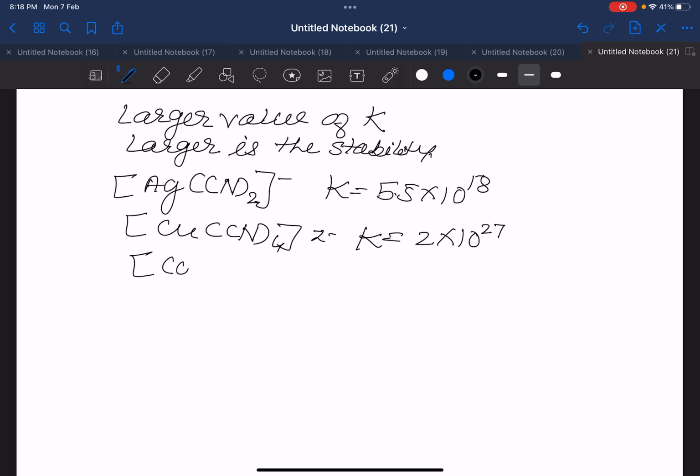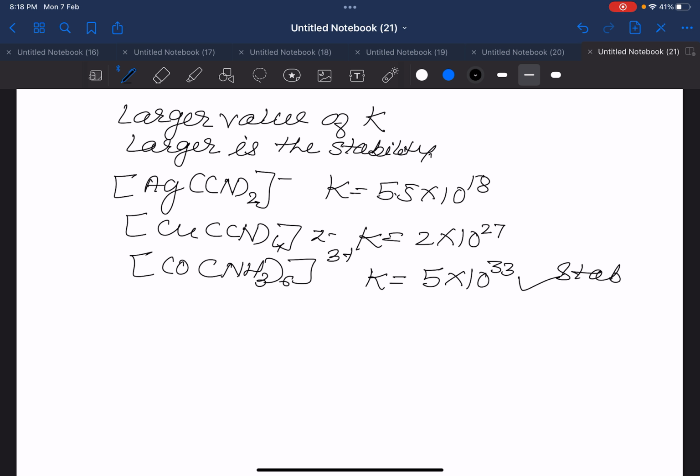And for this complex, K is equal to 5 into 10 raised to power 33. From the above data, these have a higher value, so it is more stable than this complex and then this complex.